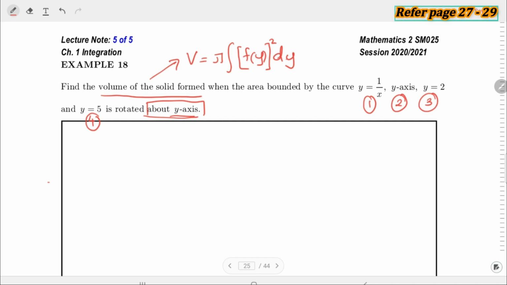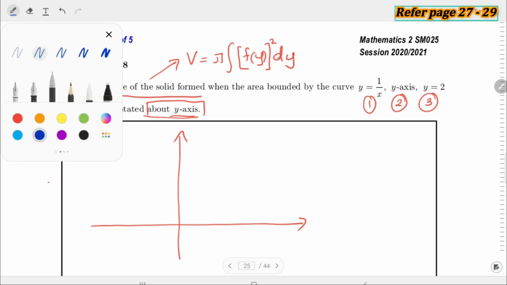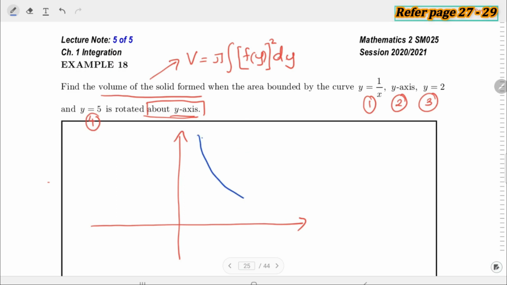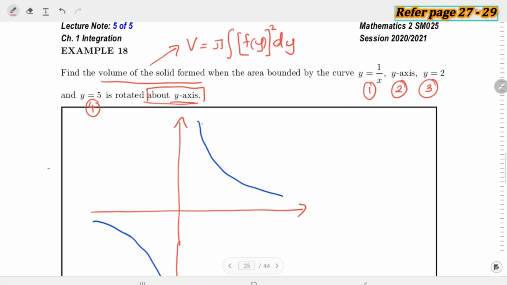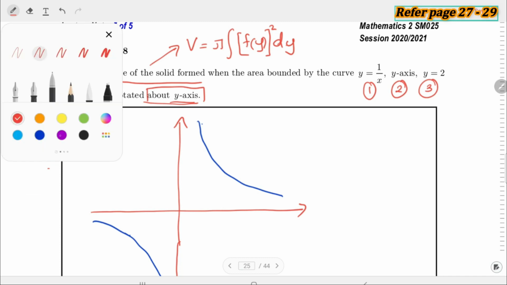This volume actually involves a curve and the axis. So we are first going to sketch the graph. Let's sketch the axes first, the x and y axes. For y equals 1 over x, we change to the color blue. Next the line y equals 2, we use purple color.